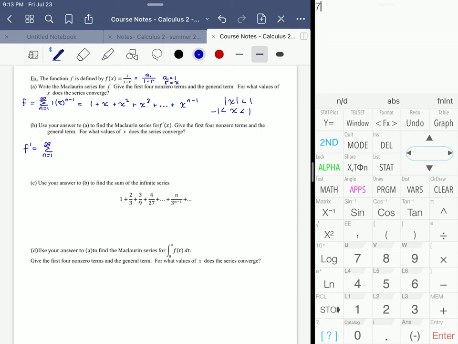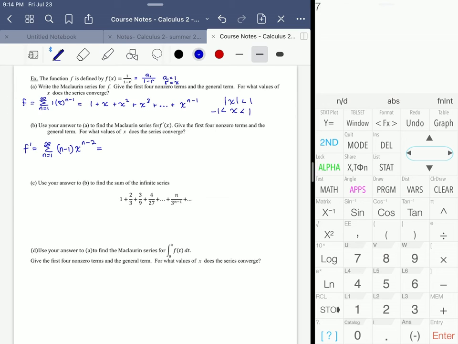we learned on the previous page that I can take the derivative inside the summation, around the summation, but I could also take it term by term. All right, so multiply the power by the coefficient, n minus 1, reduce the power by 1, n minus 2.